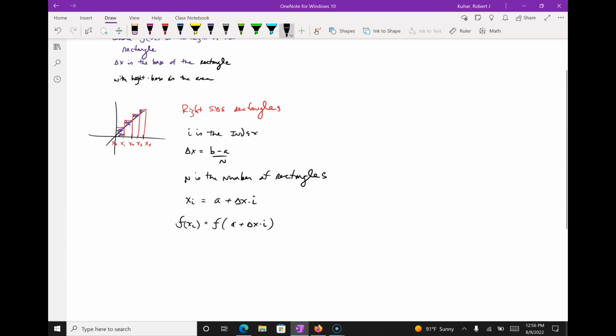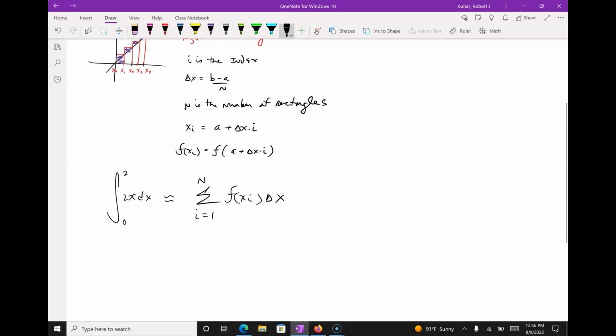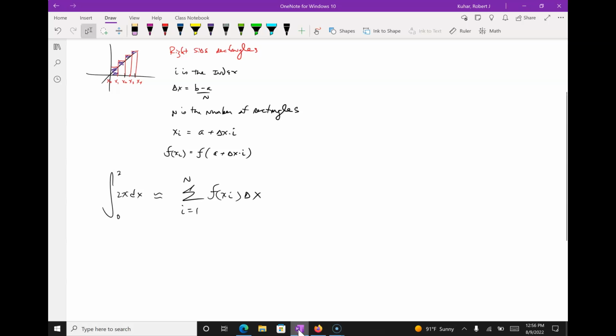Let's see what happens if we use 4 rectangles here. So the integral from 0 to 2 of 2x dx. Let's see what happens if we have the sum from i equals 1 to n of f of x sub i times delta x. So first of all, I need delta x.